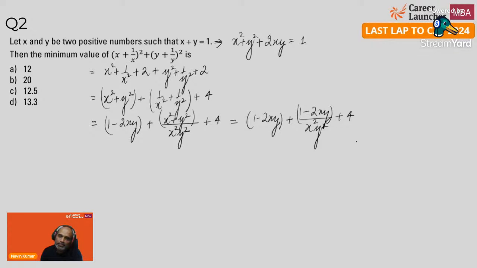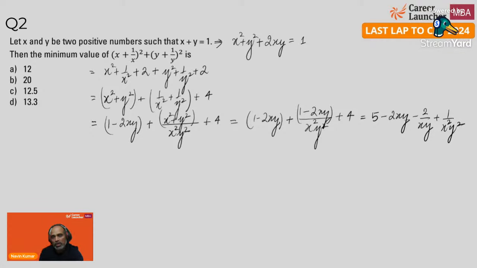Now what we can do is we are going to have 2 upon xy. Okay. So let's take the numerical values together. So we have a 5, and then we will have minus 2xy on x square y square, which will give us minus 2 upon xy. And then we will have 1 upon x square y square.